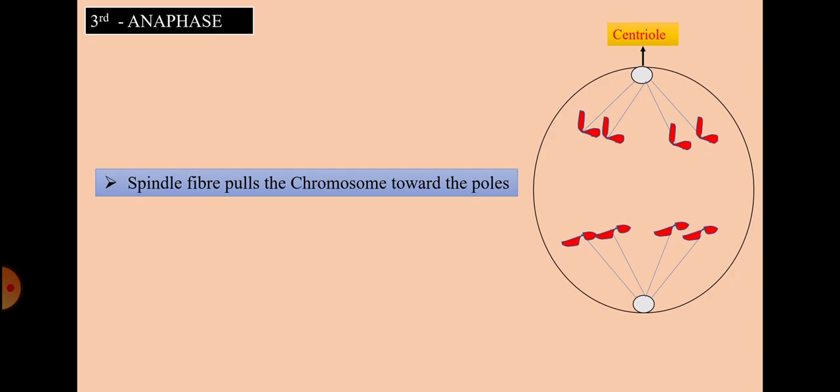The upper part goes to the upper pole and the lower part goes to the lower pole, and from the centromere these two chromosomes are separated. When they get separated, that is the end of anaphase, and then begins telophase.